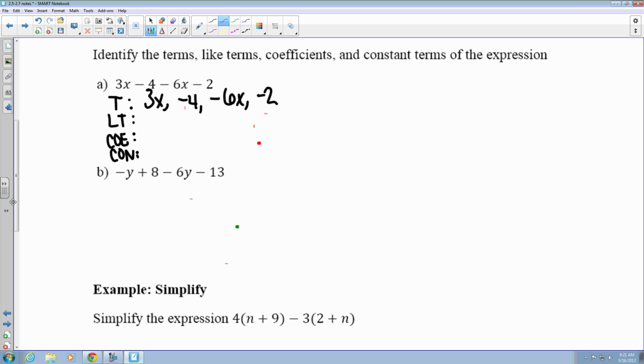Your like terms, 3x and negative 6x. Then we have negative 4 and negative 2. Coefficients, those are the numbers in front of the variables, so it's 3 and negative 6. And your constants are negative 4 and negative 2.